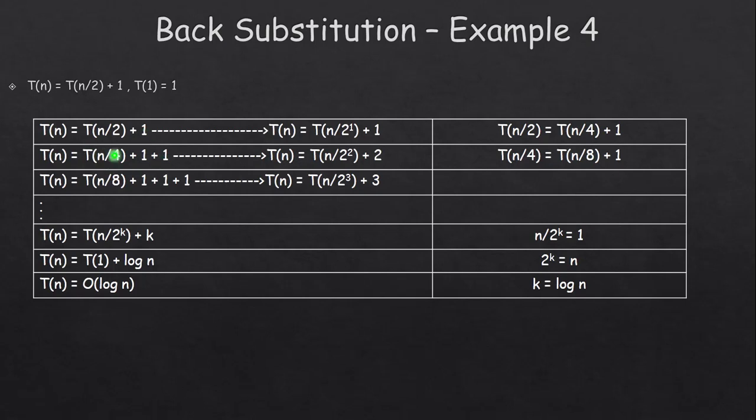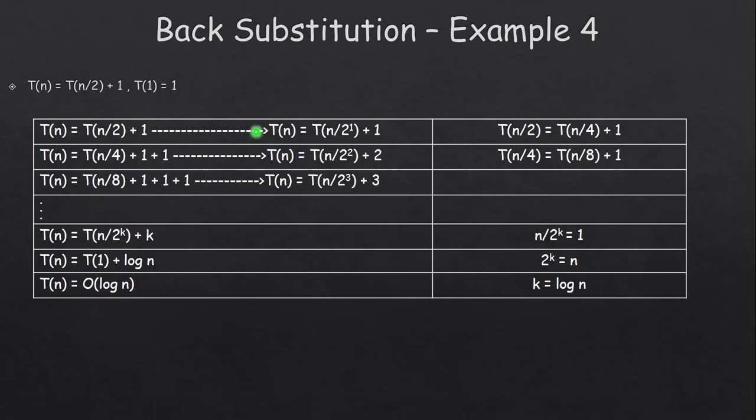After writing this line, I am going to find T of n by 4. How to find T of n by 4? Just substituting n by 4 in the given equation. It is T of n by 4 equal to T of n by 4 by 2, it is n by 8 plus 1. So I am substituting it back here. So I get T of n by 8 plus 1 plus 1 plus 1.